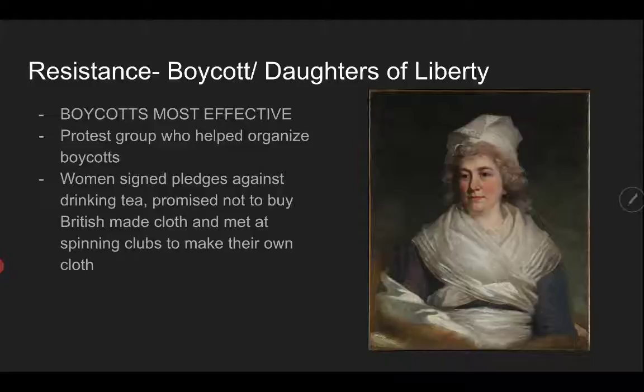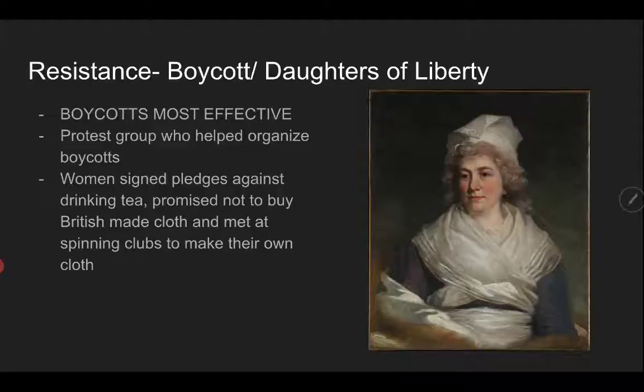But what they do is they stay home, they make cloth. They are the ones who are purchasing things. These are the people who are drinking tea. These are the people who are promising not to make or buy British-made cloth or tea or anything else. So these women are the ones who are pushing forward these boycotts and not buying anything from England.